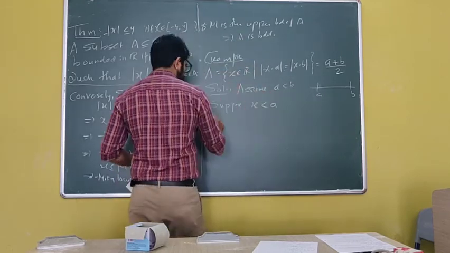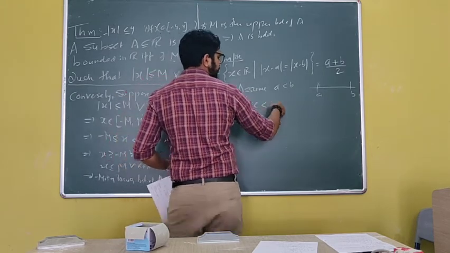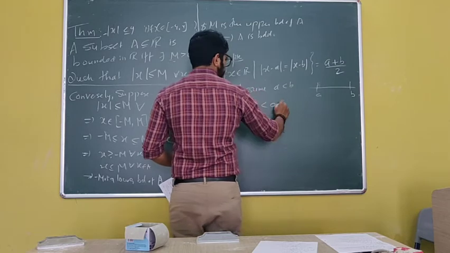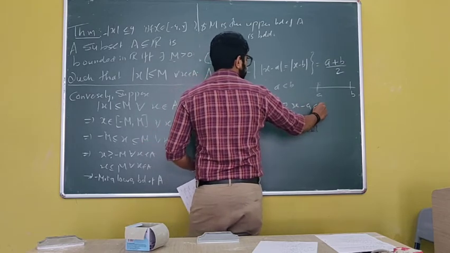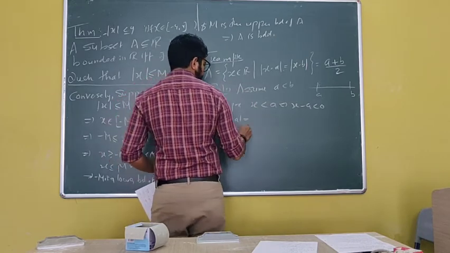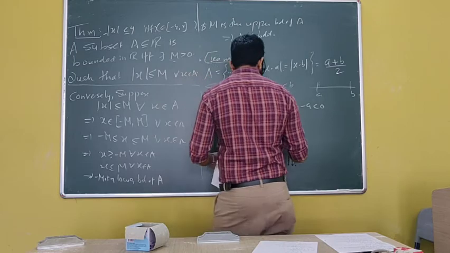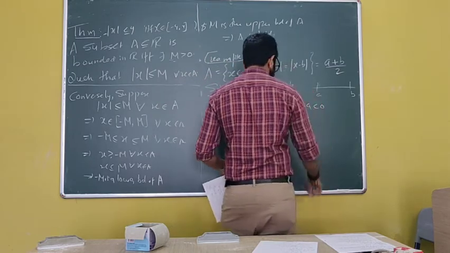This would imply that the absolute value of x minus a: if x is less than a, x minus a is negative. So this would mean that this is nothing but the negative of x minus a, which is equal to a minus x.